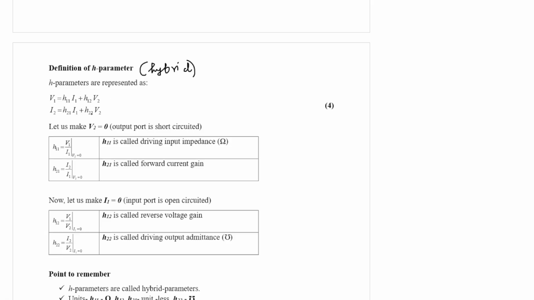That means V1, the input port voltage, and output port current are taken as dependent parameters, and the independent parameters are input current and output voltage.